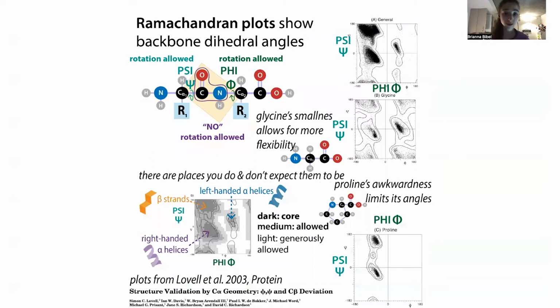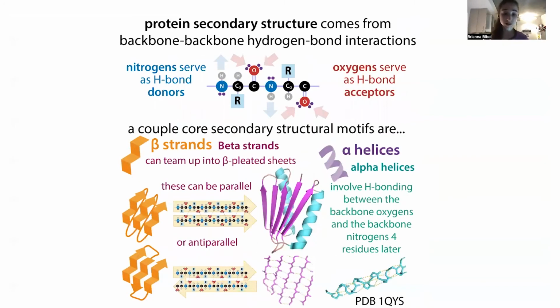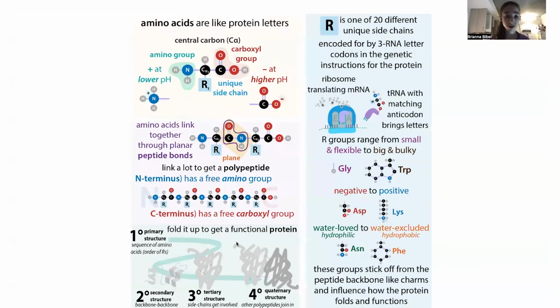Okay, so these angles that the backbone can take matter because they have to take distinct backbone angles when they form their key secondary structure. So when we talk about layers of protein structure, we can talk about the primary structure, which is just a sequence of amino acids.